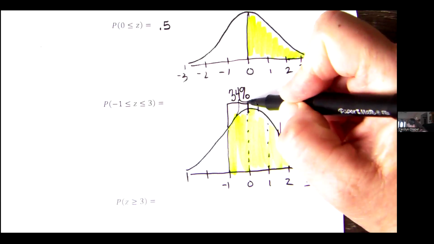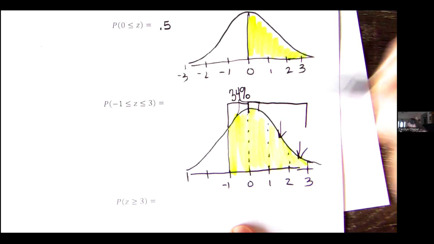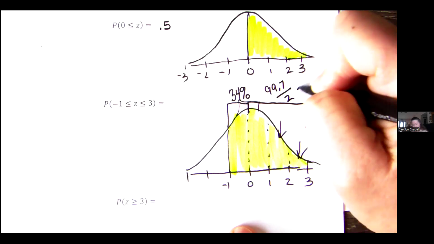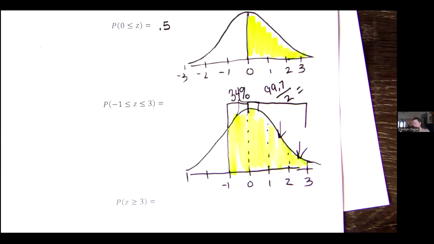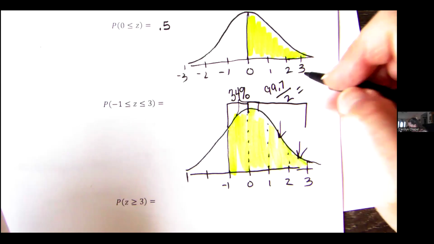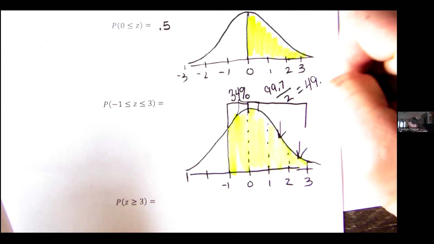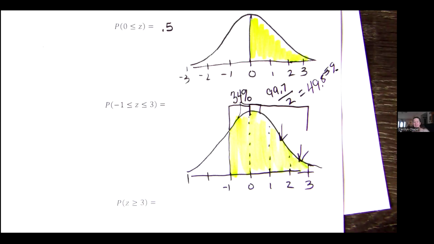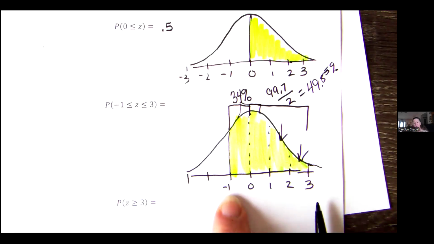So from 0 to 3 would be half of that 99.7. So I'm going to take my calculator to help me a little bit. Some of those other ones I could divide easily by hand. So that's going to give me 49.85%.